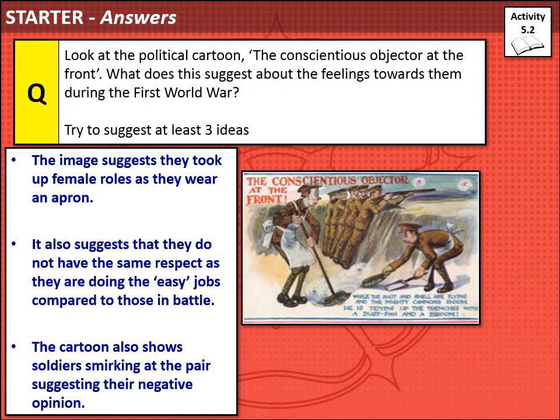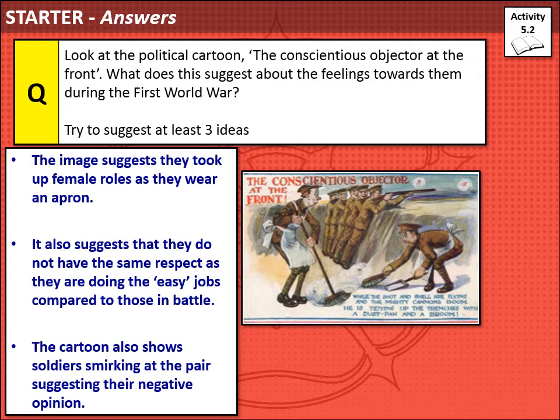So let's have a little look at our answers then for this conscientious objector poster at the front line. Now, this image suggests they took up the female roles, those typical female roles for this time period, as they are wearing aprons, as you can see in this image.